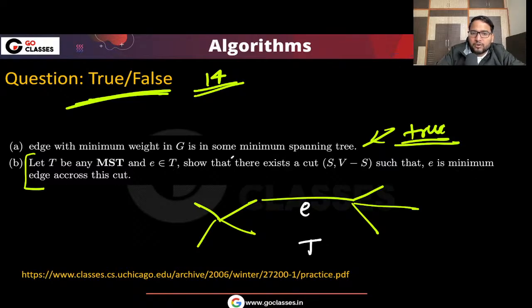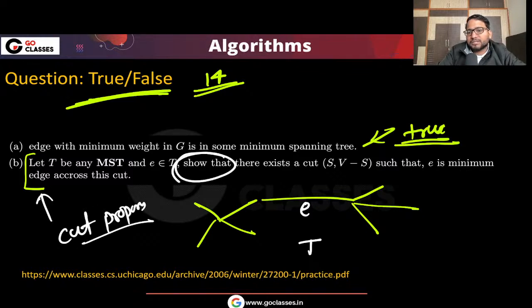This is not directly true or false. This is just the cut property. I have not modified it with the language; they're saying show that, so they're just asking to prove the cut property itself.